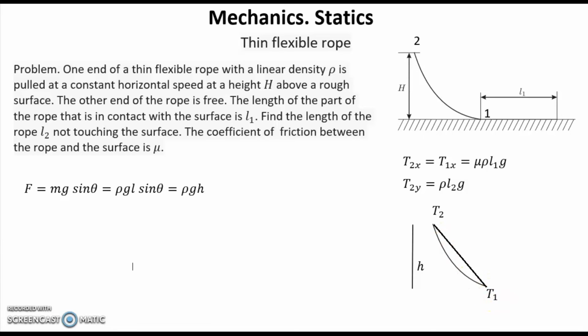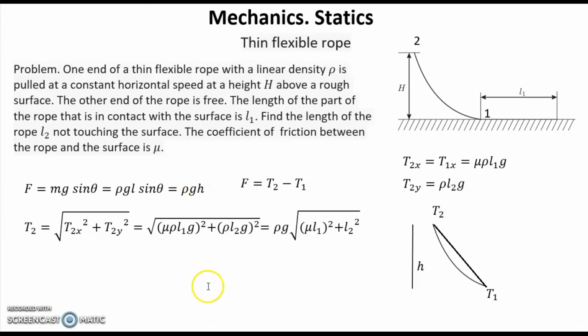So we can write this equation: F equal tension T2 minus T1. But tension T2 we can find from this equation, because T2 exactly equal to the square root of T2x squared plus T2y squared. And these two tensions, horizontal and the vertical, we already found.